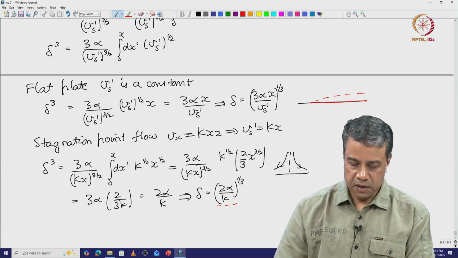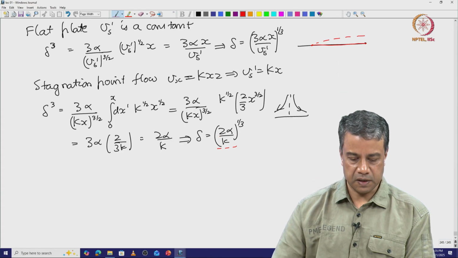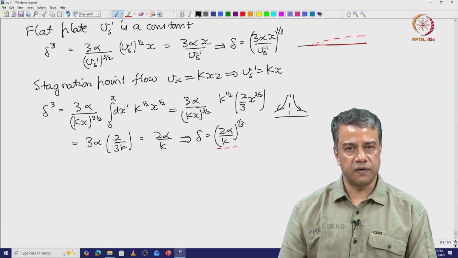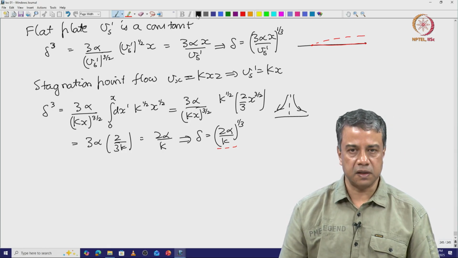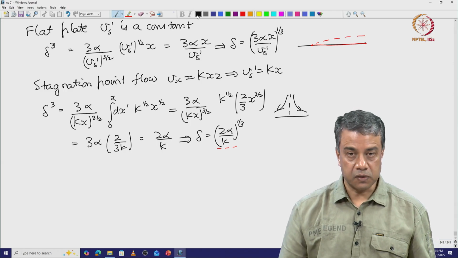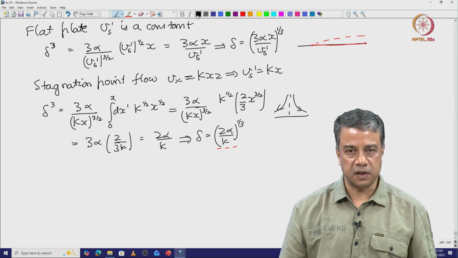So, this can be done for any form of the velocity, any form of the function Vs of x. For any given form of the variation of the strain rate at the surface with the downstream distance for 2-dimensional flows, this is the expression for the boundary layer thickness.